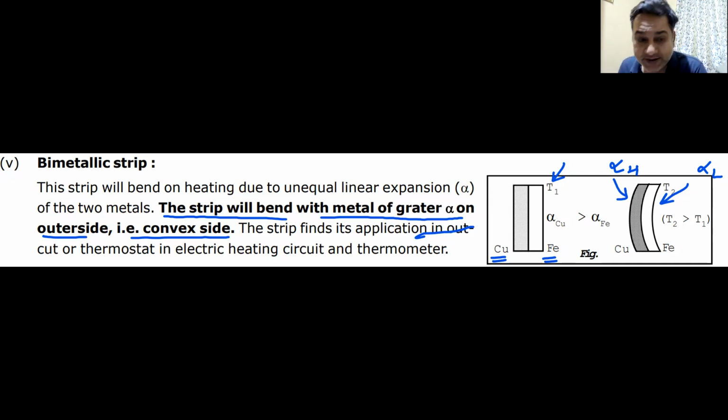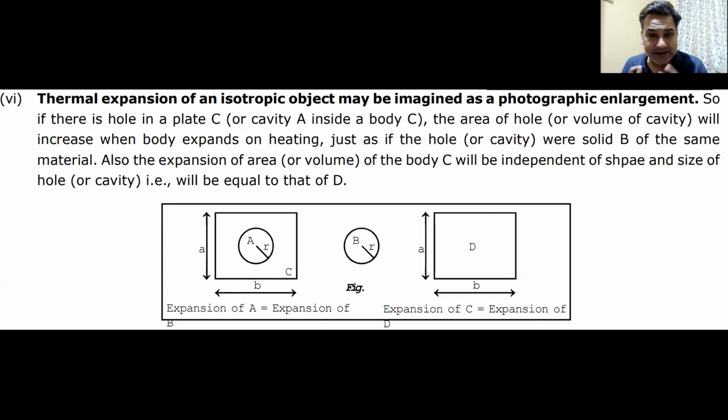Okay. Now the next question that comes is based on the expansion of a body with a hole. You can see here, I have a body and it has a hole inside it. Do you see this hole? The circular hole that we have is marked with red.